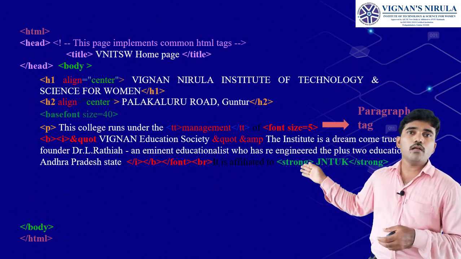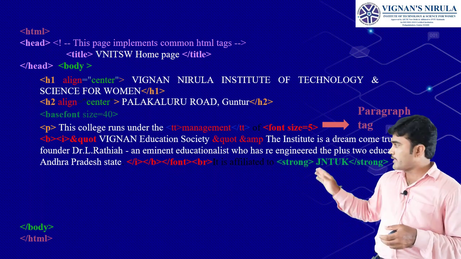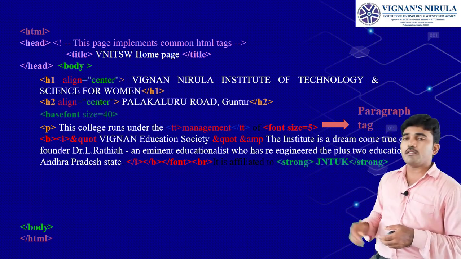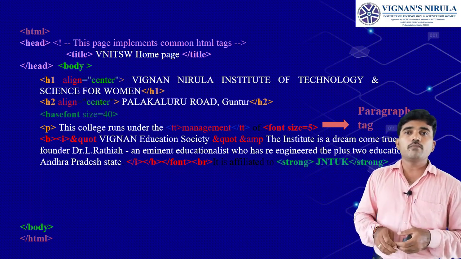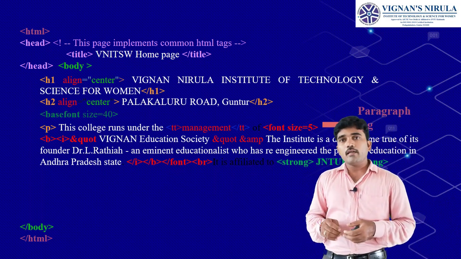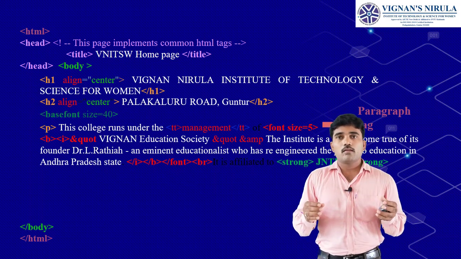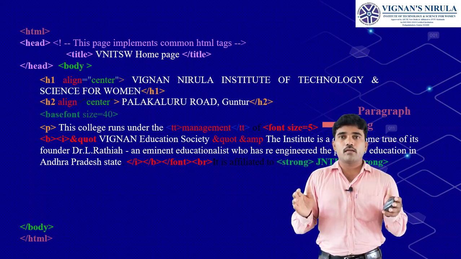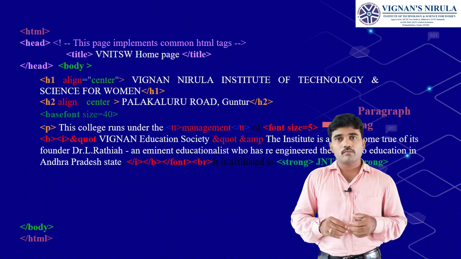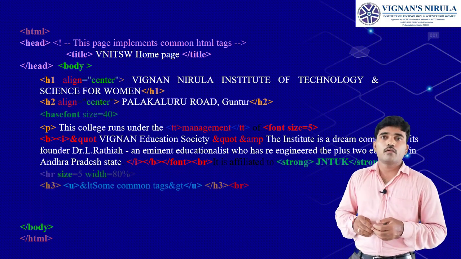here I have used the BR tag. And if after that in some black color some text is there, it is affiliated to JNTU K. Our university JNTU K, if I want to display it larger in size, like a bold effect, that is used in strong.